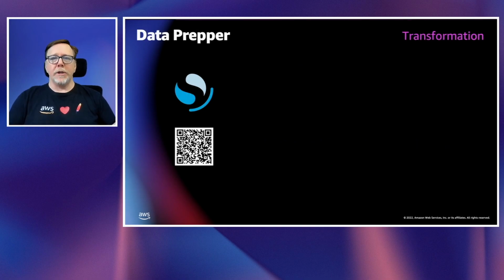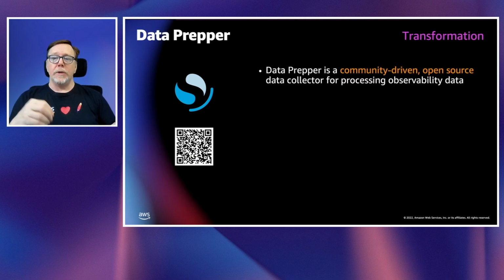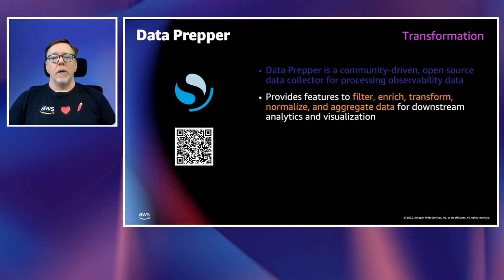In the OpenSearch project, we have Data Prepper. Data Prepper is in the collection and transformation. So it's also open source and it processes observability data. So it gives you features that enable you to filter and enrich and transform the data that's coming through the pipe and enable downstream analytics and visualization.